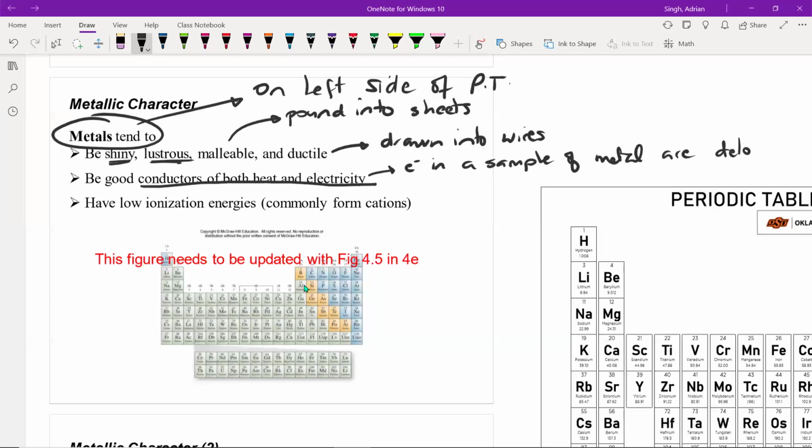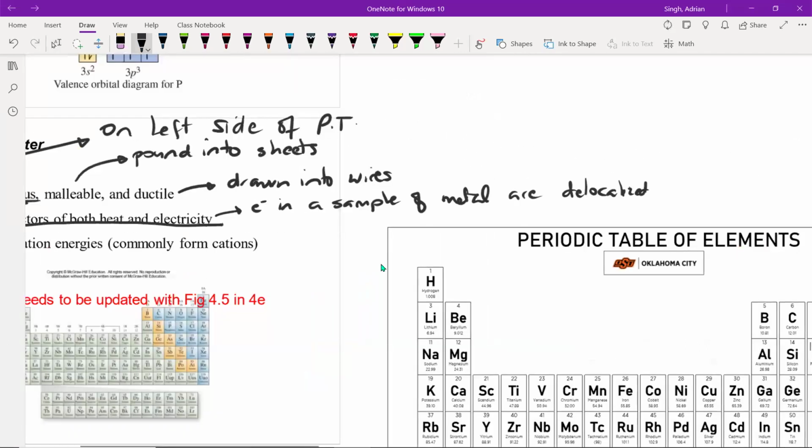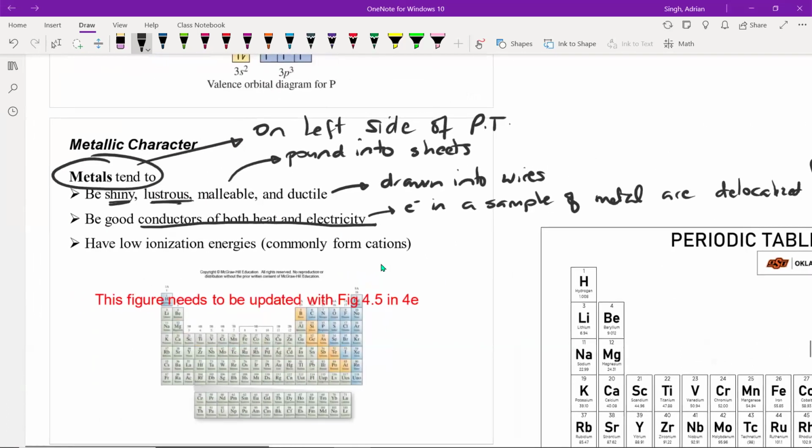So what happens is those electrons, the valence electrons, for instance, they actually are released from the metal atoms and they form sort of like a sea of electrons that are free to move around. And that then explains why they're good conductors of electricity, because you have these charges that can conduct an electric current.